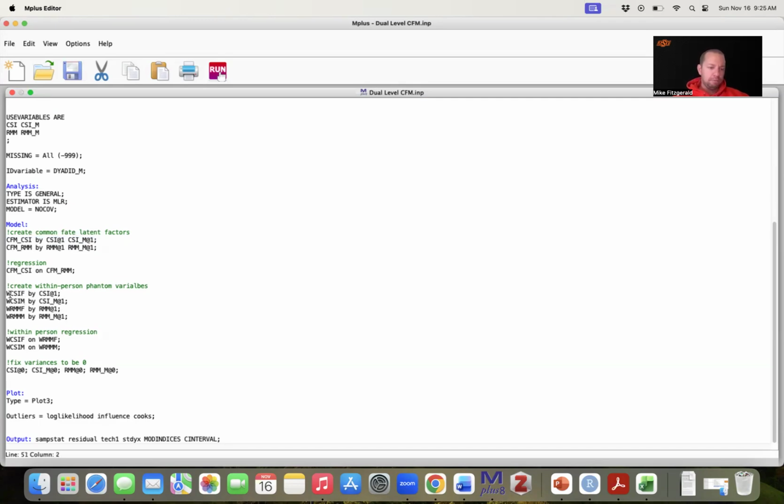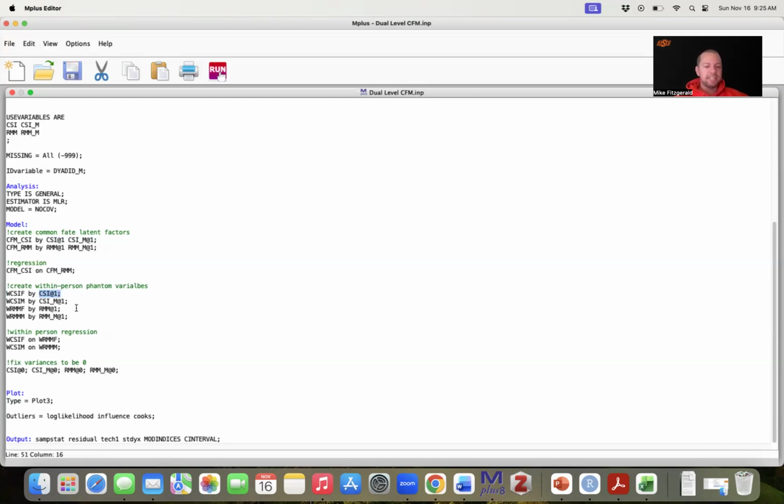WCSIF. The naming convention I have here is W for within, for phantom, CSI is the variable, and F is for female. And then we have the by statement, and then we have the female's report of relationship quality, and we're fixing that factor loading to be one. So essentially, a 1 unit increase in this within variable is going to theoretically cause a 1 unit increase in CSI.